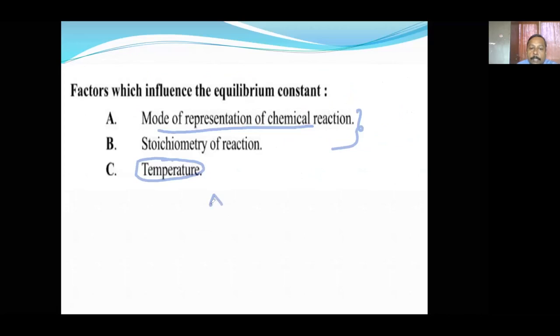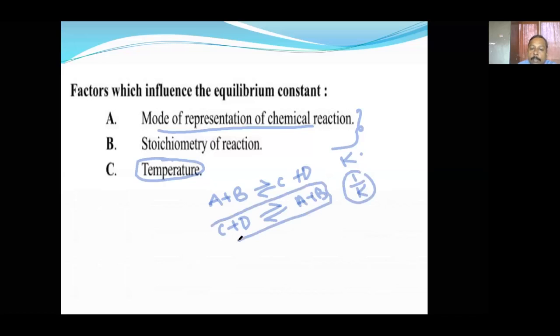Suppose I represent an equilibrium as A plus B gives C plus D. The same equilibrium we can represent as C plus D gives A plus B. That time the equilibrium constant is changed for this reaction, but the equilibrium is the same. In that container you will find the same quantity of A, B, C and D. So the mode of representation will change the equilibrium constant value.